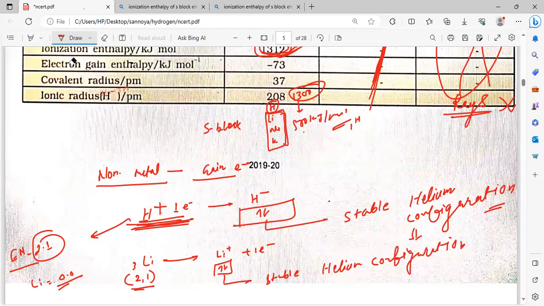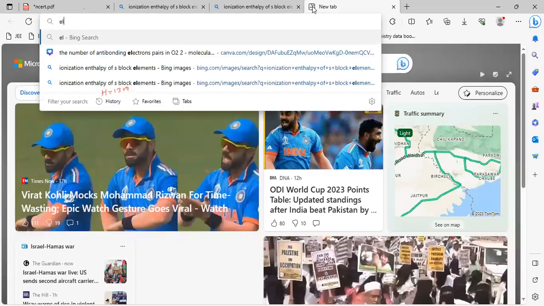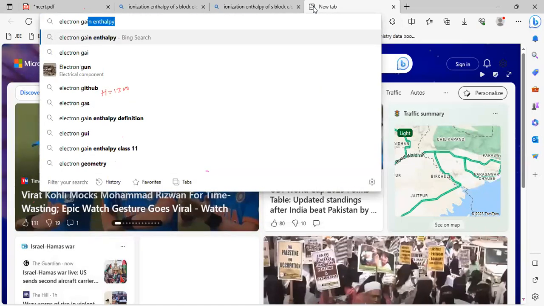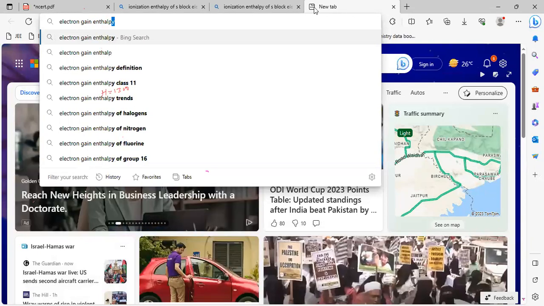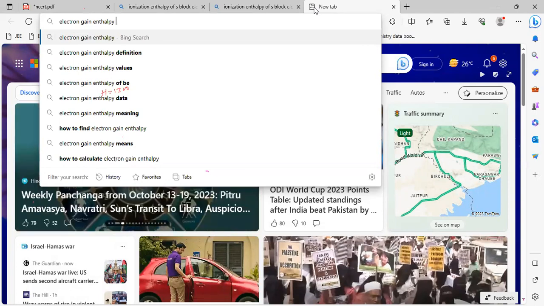Okay, next one. Electron gain enthalpy, you see, it is minus 76 kilojoule per mole. It is also high compared to the other elements. Can you tell me what can be the reason? If you see the other one, let me tell you, the electron gain enthalpy of group 1.